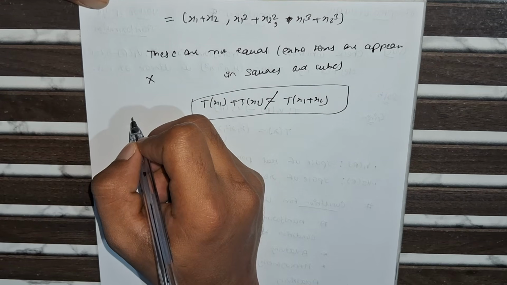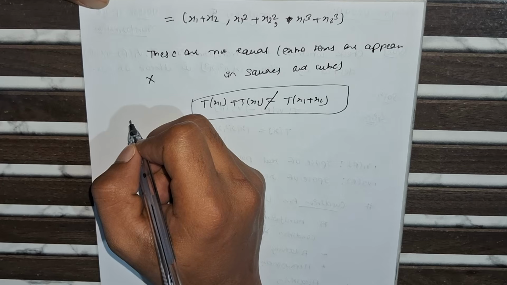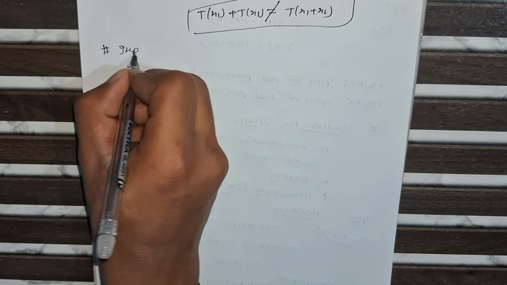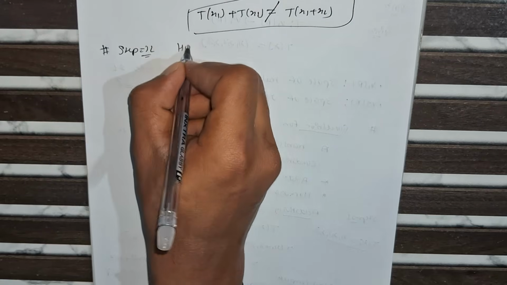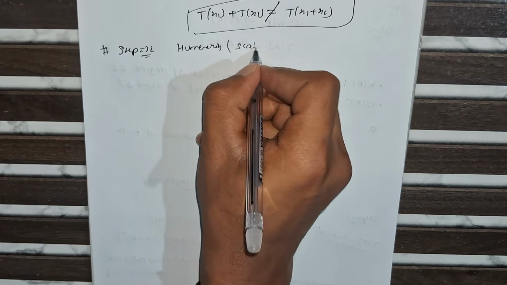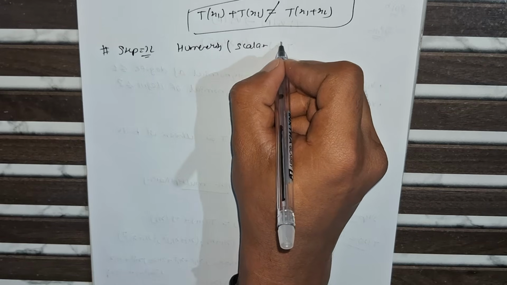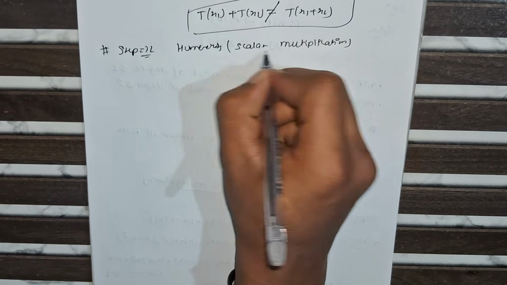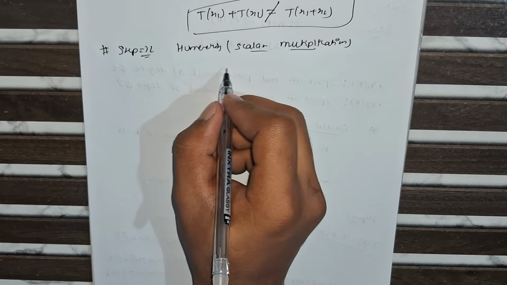Now move to our second condition, which is homogeneity, meaning scalar multiplication. Our step 2 is homogeneity. What is the condition for scalar multiplication?